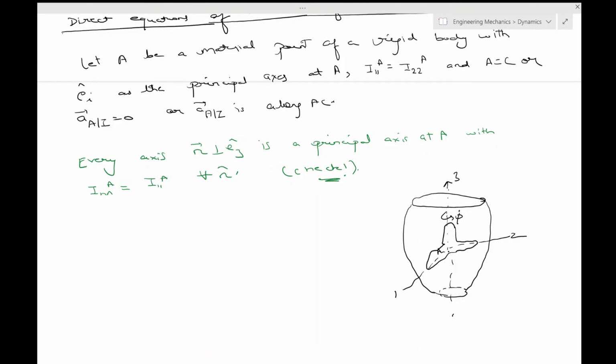I'll draw it with another ink. This one. So this n is clearly perpendicular to E3. So I would show it like this.